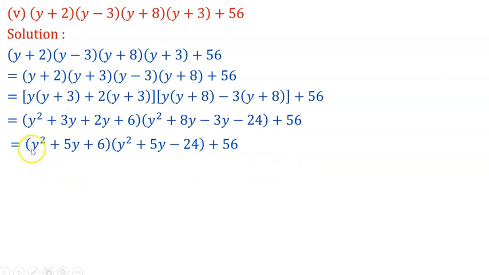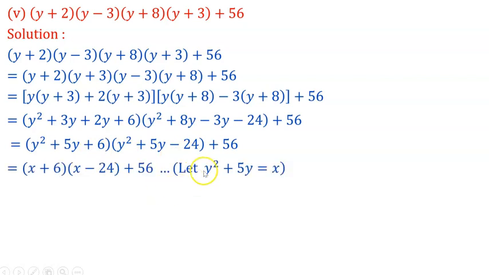Now if we observe, y² + 5y is common to these two brackets, and hence we will replace it with another variable. That is, y² + 5y is replaced by x. Then in the first bracket you will get x + 6, in the next bracket x - 24, + 56.